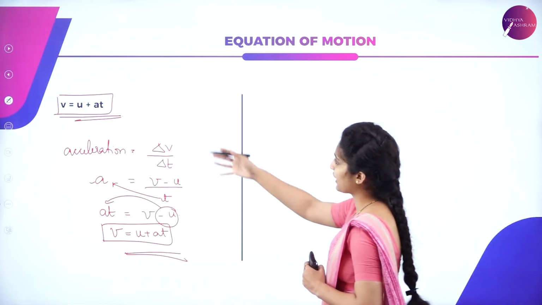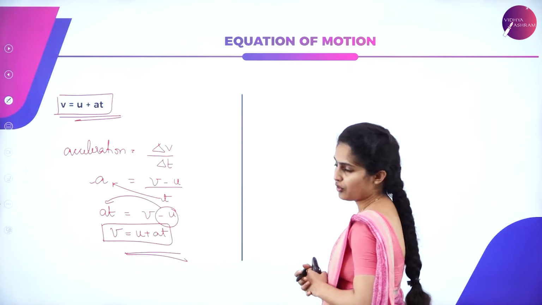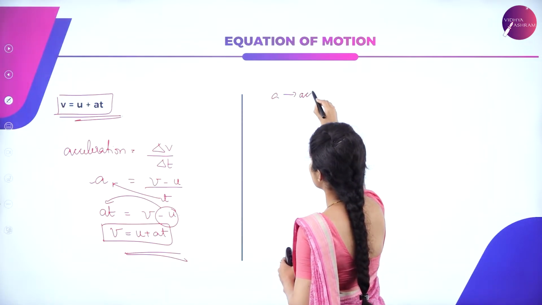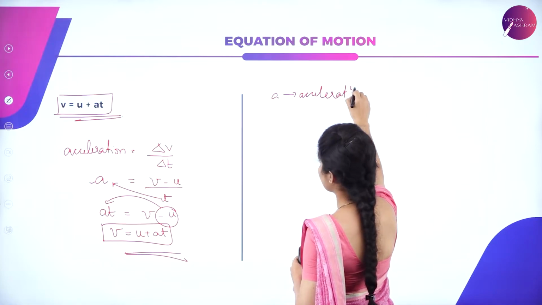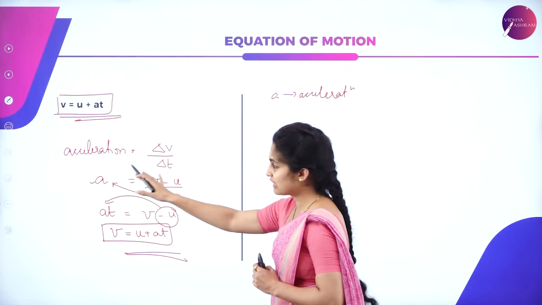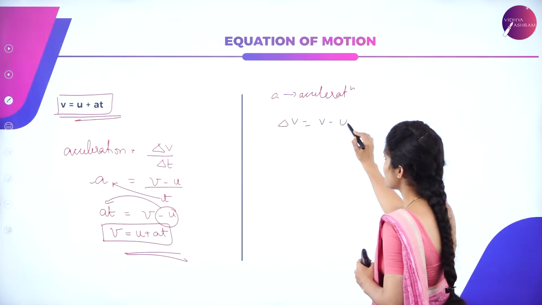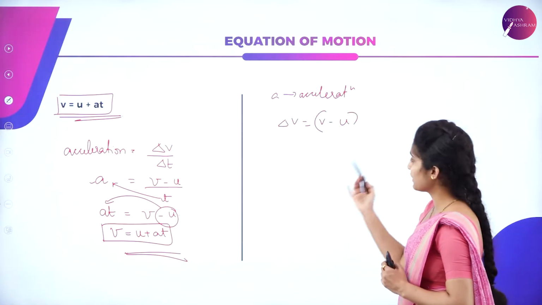This is how exactly you arrive at the equation of motion, wherein we know that a is acceleration, and we already know its formula: acceleration is equal to change in velocity, which is final minus initial velocity, with respect to time.